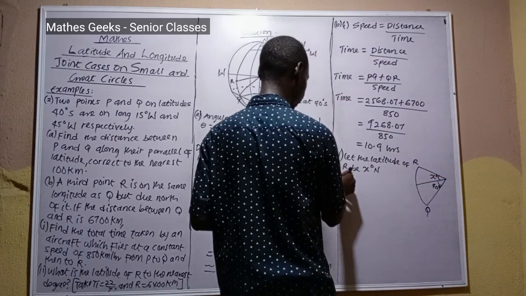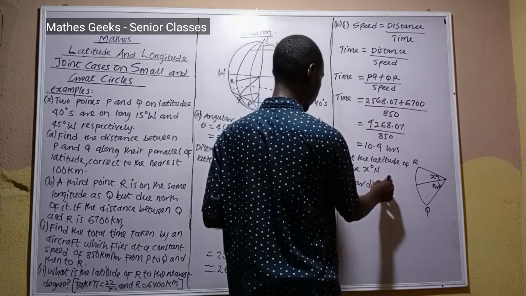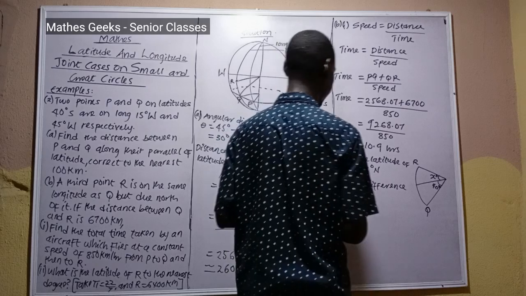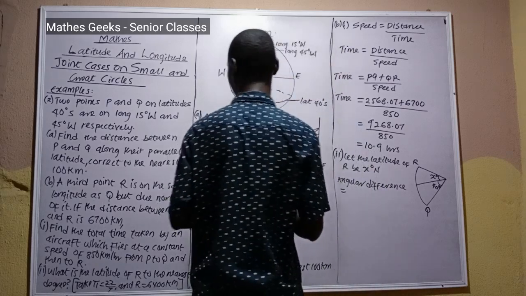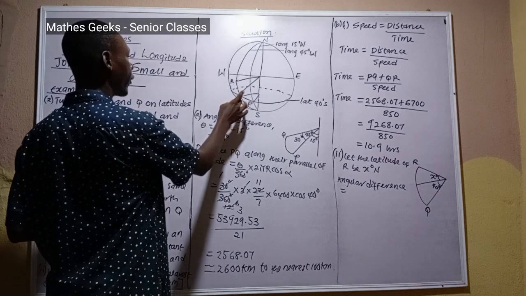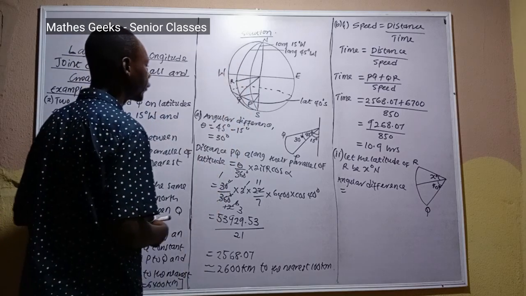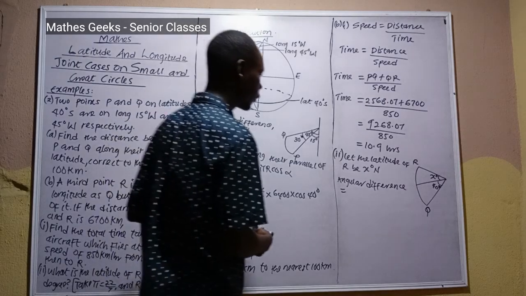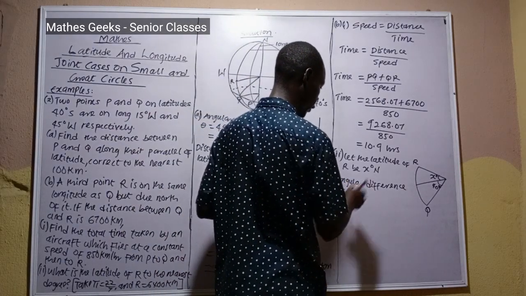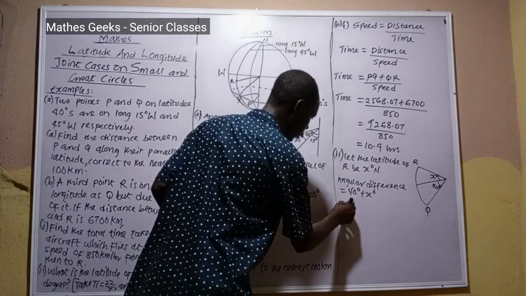So the angular difference, looking at it from Q, is 40 degrees plus x.